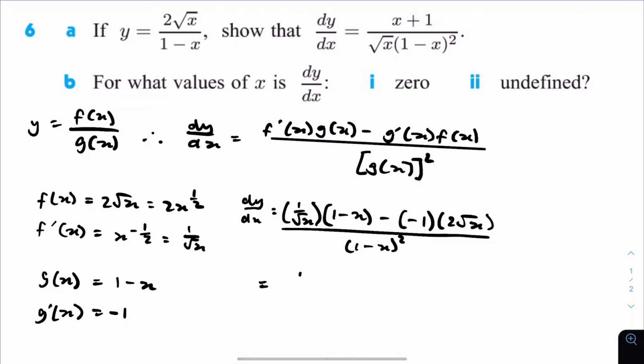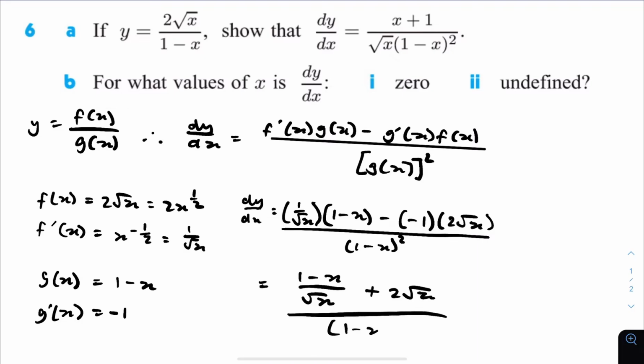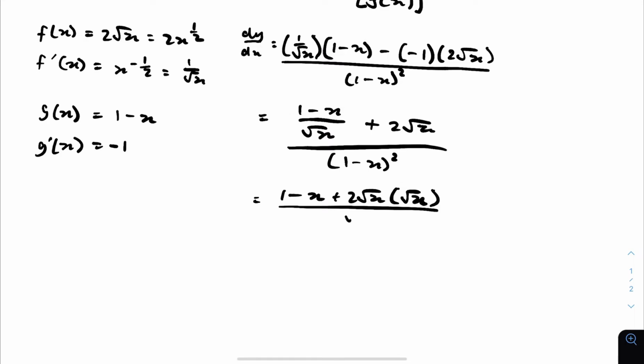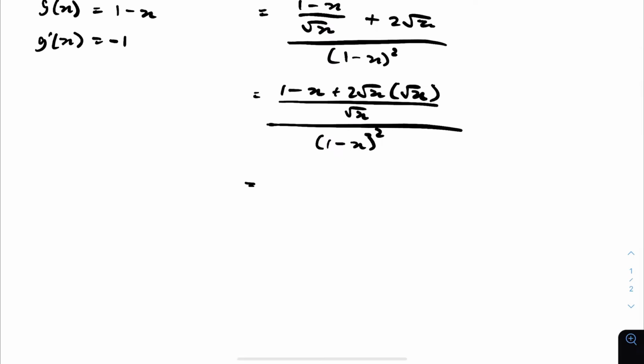which is equal to 1 minus x over root x plus 2 root x over 1 minus x squared, which if we make the numerator a common denominator, we get 1 minus x plus 2 root x times root x all over root x all over 1 minus x squared, which is equal to, so this becomes 2x.